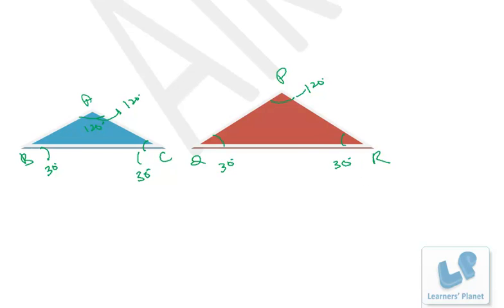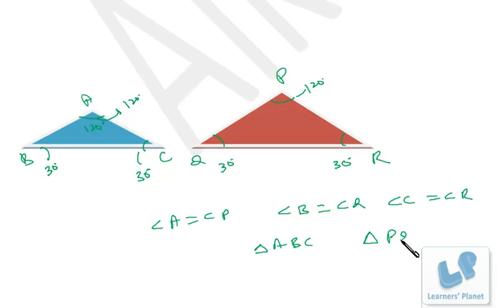Okay. So we can see the three angles, that is angle A, angle B and angle C, are equal to the corresponding angles of this triangle. That is angle A is equal to angle P, angle B is equal to angle Q and angle C is equal to angle R. That means triangle ABC is similar to triangle PQR, and this is the sign of similarity, right? Triangle ABC is similar to triangle PQR. Now, if the two triangles are similar, their sides will always be in ratio.